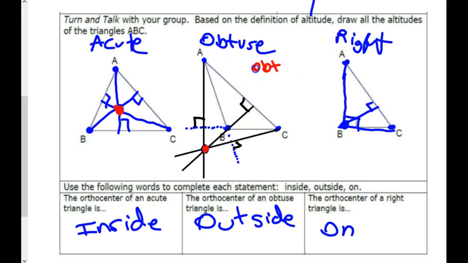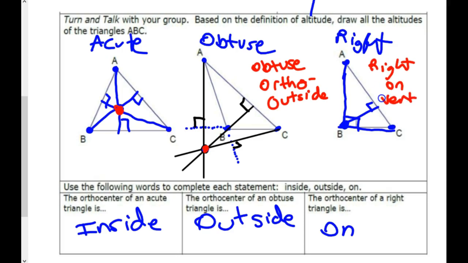Okay? So let's make a few little rules here. Obtuse, orthocenter is outside. So there's your O rule. If you're doing the obtuse triangles, orthocenter, it's going to be outside. O, O, O. True. And for a right triangle is going to be right on the vertex of the right angle.